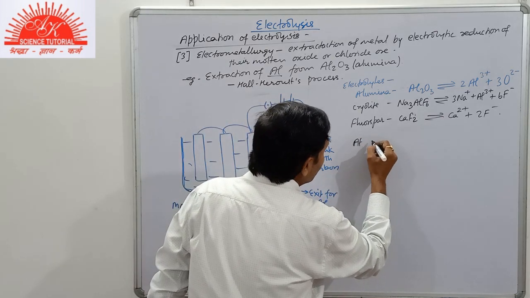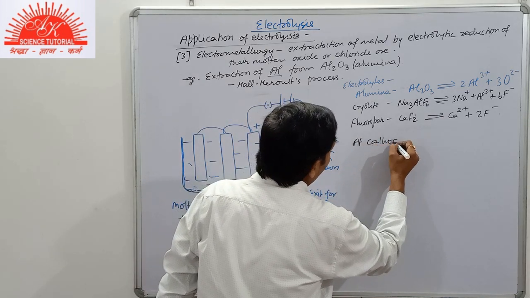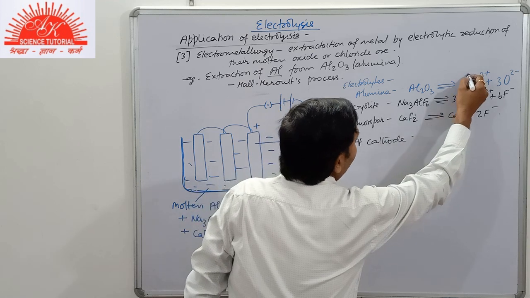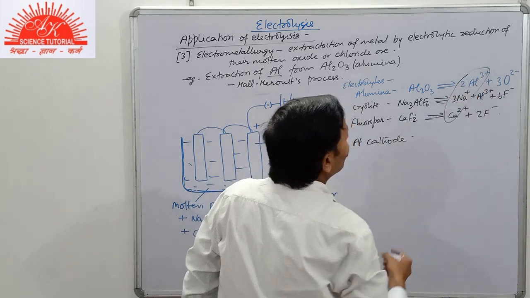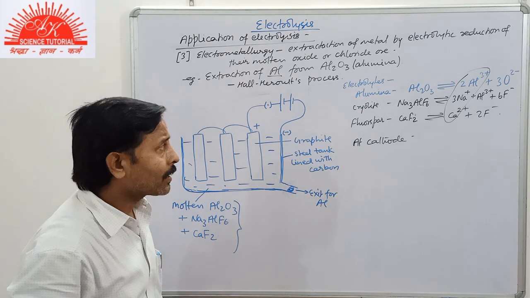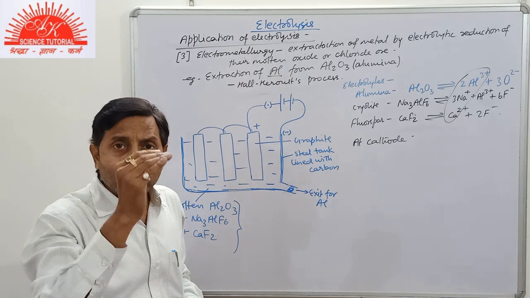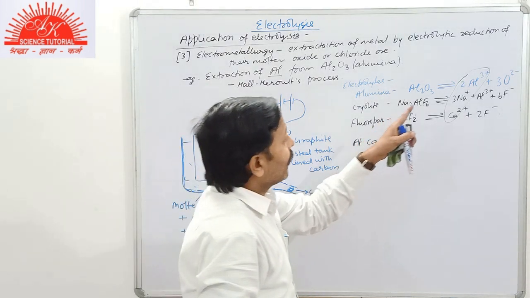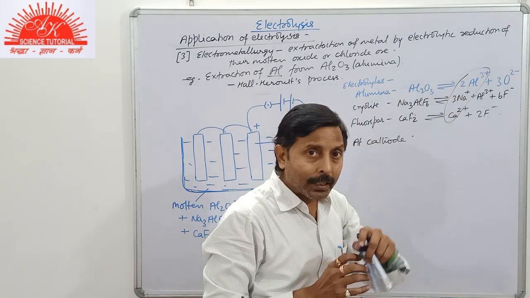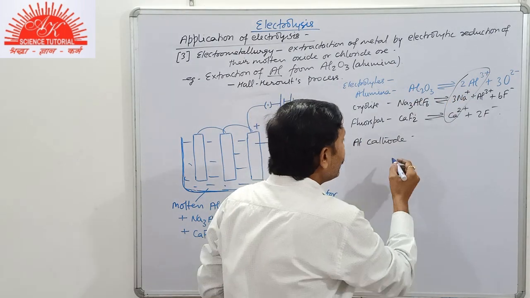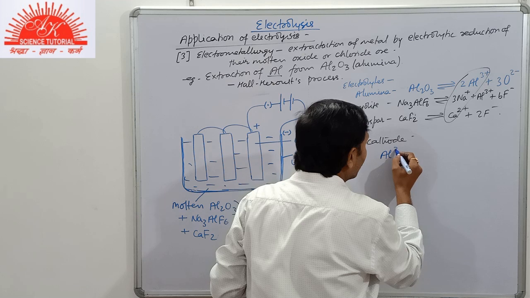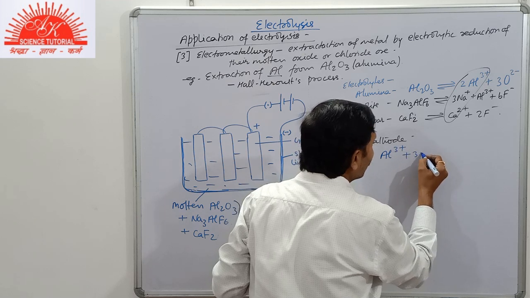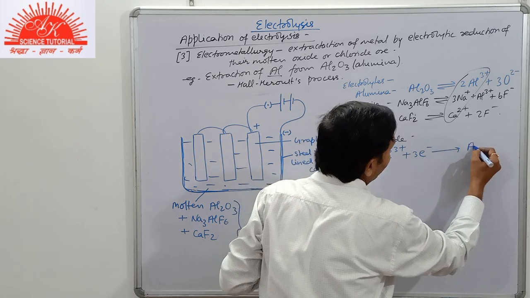Now what are the reactions taking place at the cathode? You see there are three types of electrolytes, that is cations, and in the electrochemical series Al3+ will be lower in position, so it is discharged first. Al3+ plus 3 electrons gives Al.